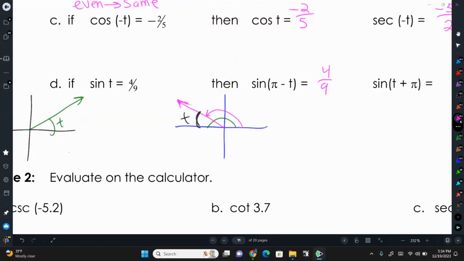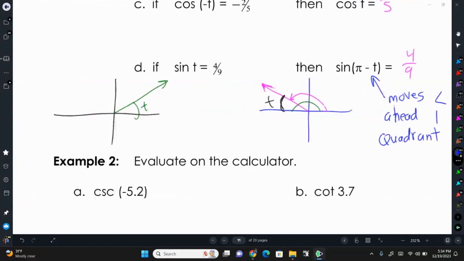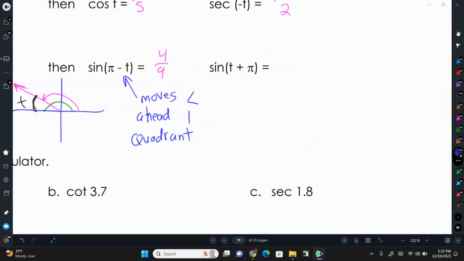Now the general rule when we have sine of pi minus the angle is that it moves the angle ahead 1 quadrant. So my original angle was in quadrant 1, and then I did pi minus that angle. I moved up 1 quadrant into quadrant 2, but sine is still positive in that. Then we have sine of t plus pi.